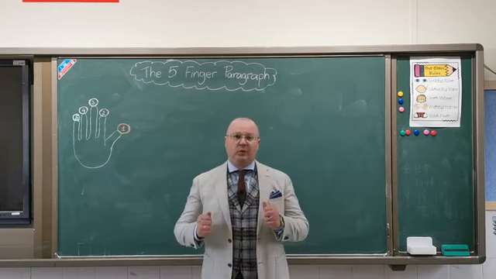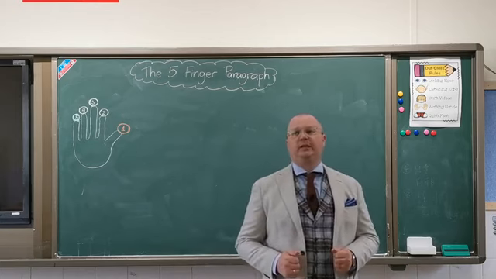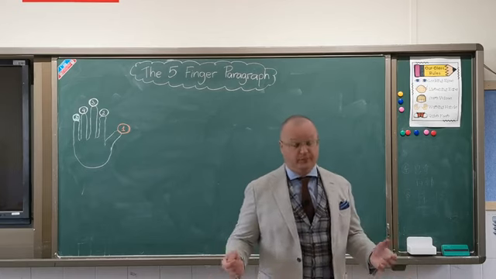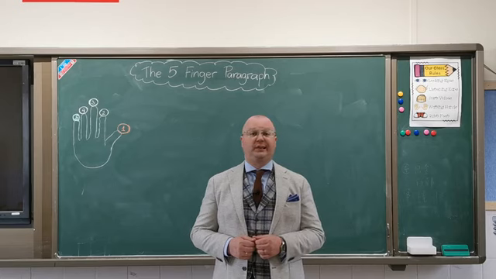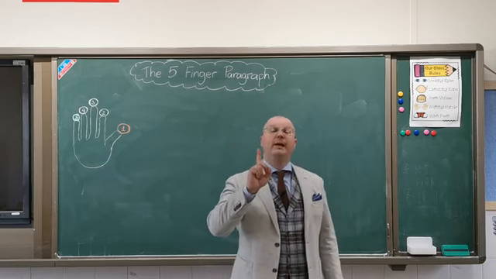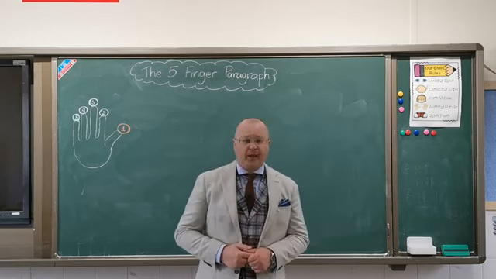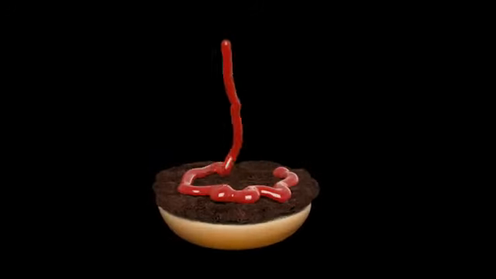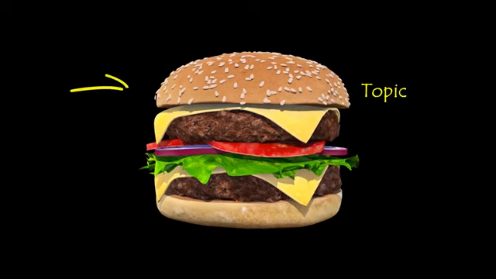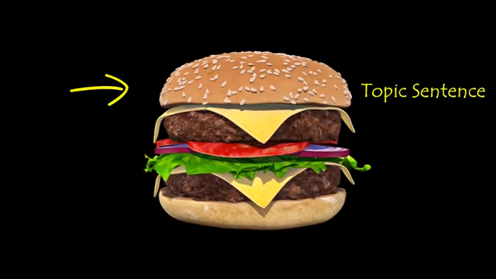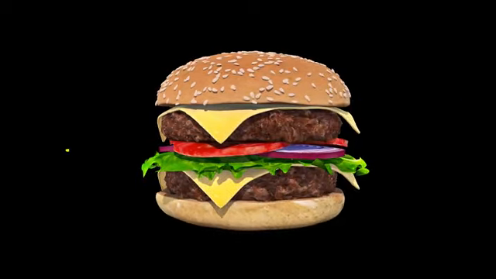So the first thing you want to say to your students is what a paragraph is. So a paragraph is a group of sentences about one main idea. And it is a lot like a hamburger. The top bun is your topic sentence. What's inside the hamburger is the most delicious part.